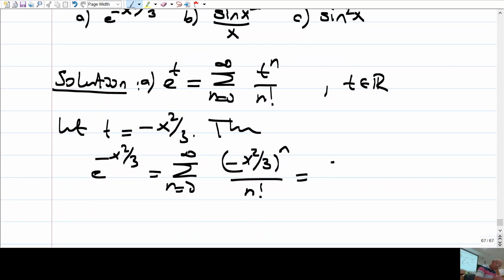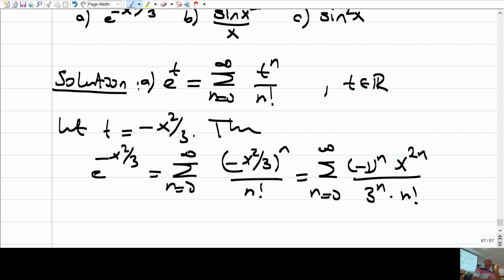So this is just minus 1 to the power n, x to the power 2n divided by 3 to the power n times n factorial. And here what is x? x is anything, okay? Because whatever you put for x here, you get some t, and I know that the series is convergent.